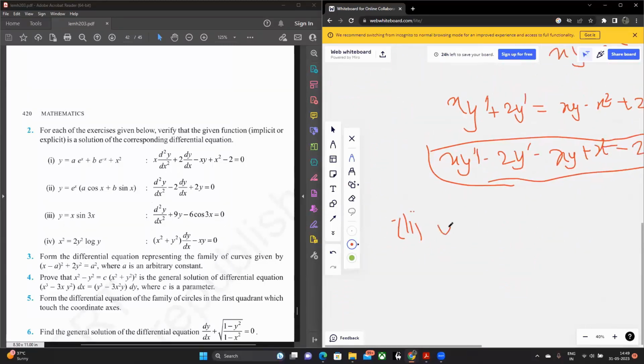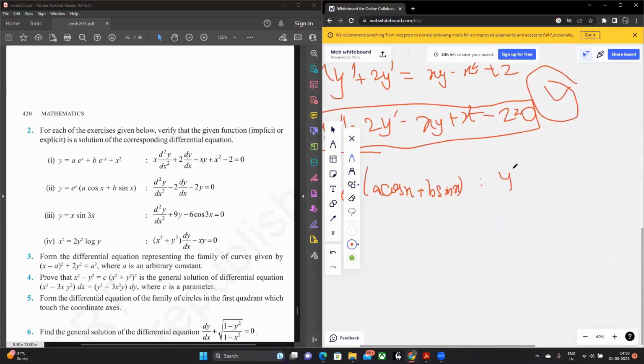Going to the second subpart. Similarly, y equals e^x times (a cos x plus b sin x), given that the differential equation is y'' minus 2y' plus 2y equals 0.